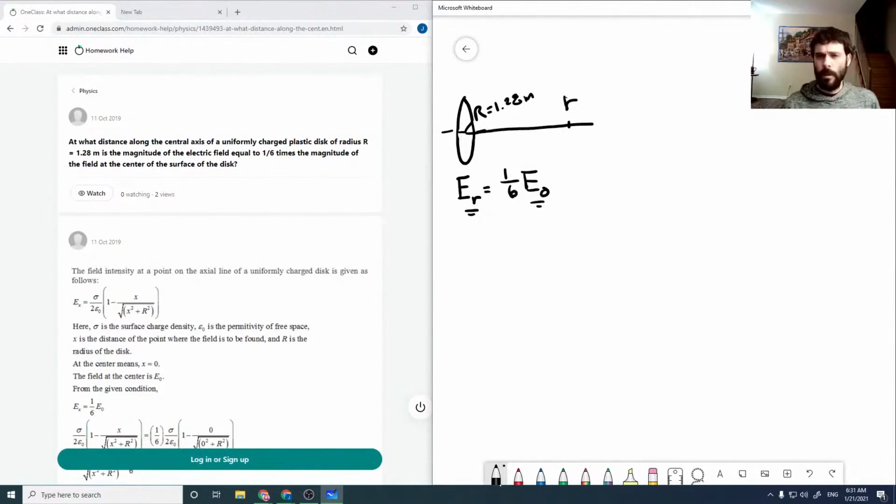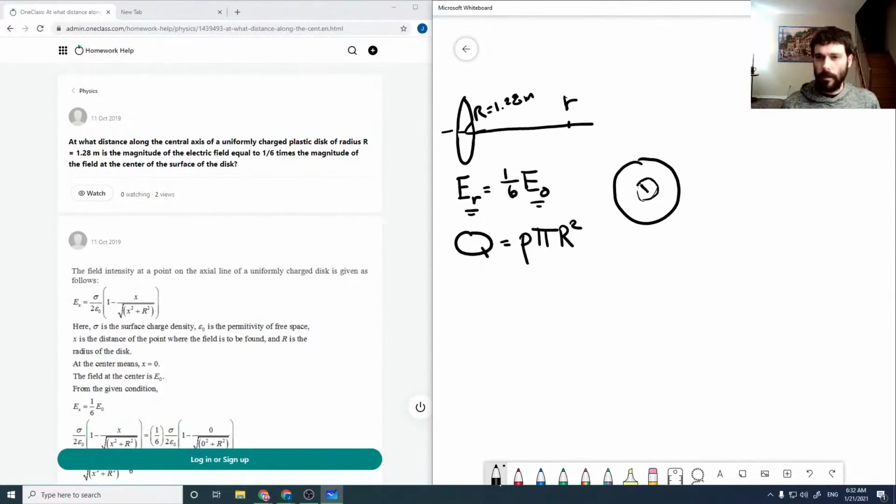Okay, so we've got a uniformly charged plastic disc, which means that the total charge on the disc, which I'm going to call big Q, is our charge density times our area. For a disc, it's going to be pi r squared. And we can kind of play the same game here as we would for moment of inertia.